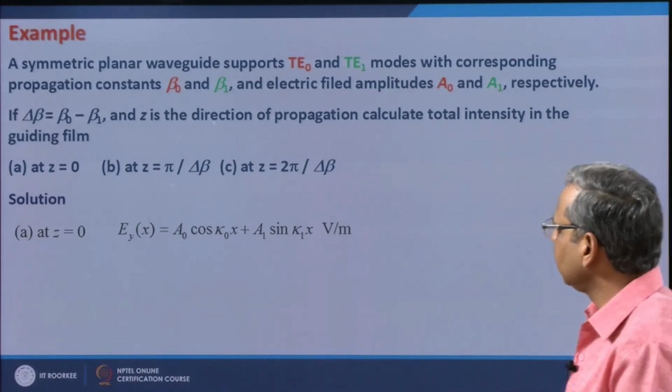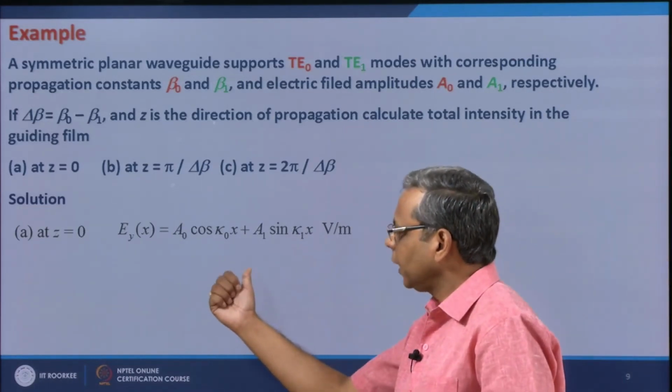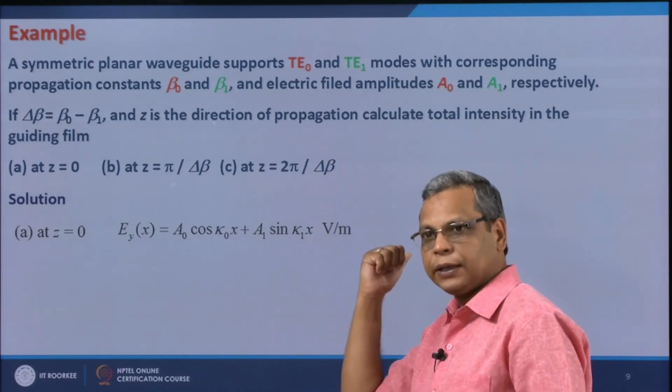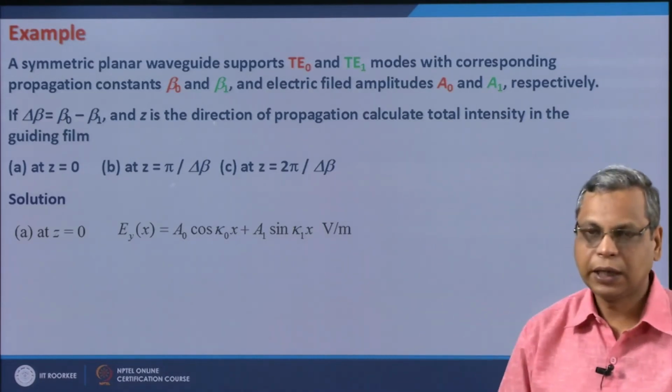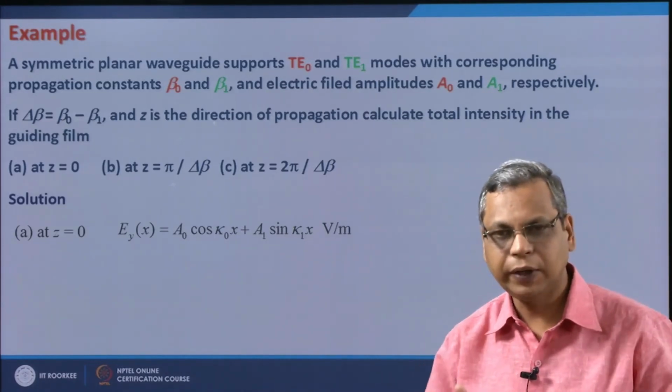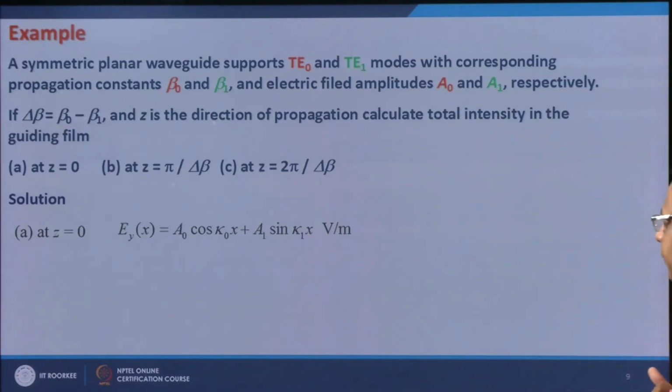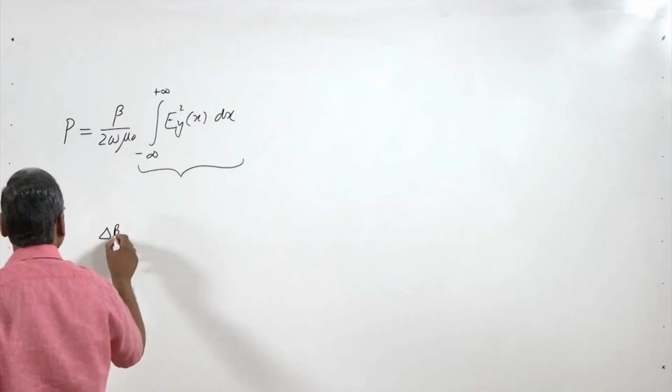So, as they propagate in z direction, there would be a phase difference accumulated between them, and that phase difference would be delta beta z.